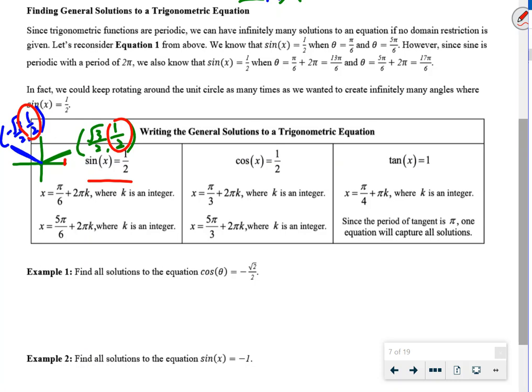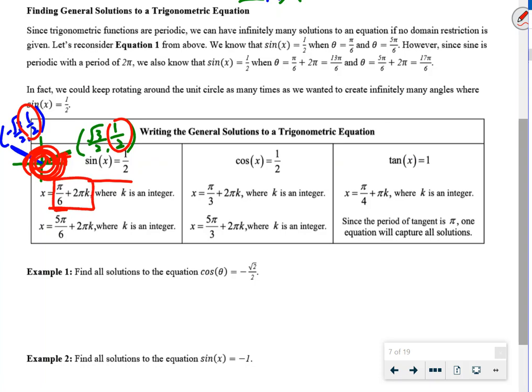First answer is pi over 6. But when you think about coterminal angles for pi over 6, you get pi over 6 as an answer, but when you make one full rotation and pi over 6, that can be a second answer. When you do 2 rotations and pi over 6, 3 rotations, 4 rotations, you have infinitely many solutions.